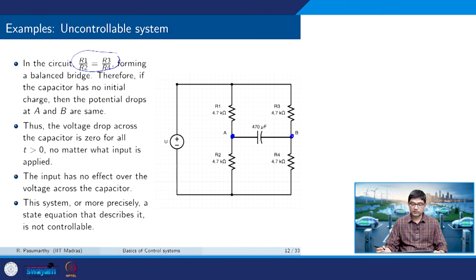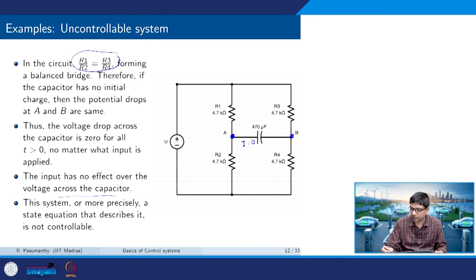Which means there is no voltage drop across the capacitor and therefore no current through this. So here the current will be 0. And when there is no current, it has no effect over the voltage across the capacitor.